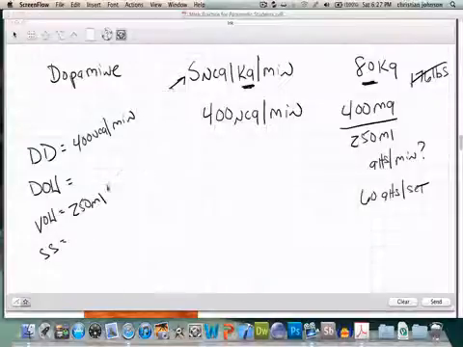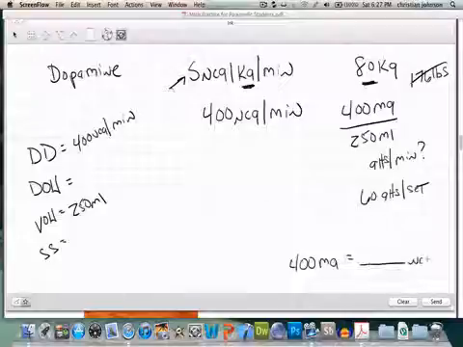But wait, hope you caught it. My dose on hand is in milligrams. My desired dose is in mics. So I need to convert my dose on hand to match my desired dose, which means I need to convert 400 milligrams to micrograms.